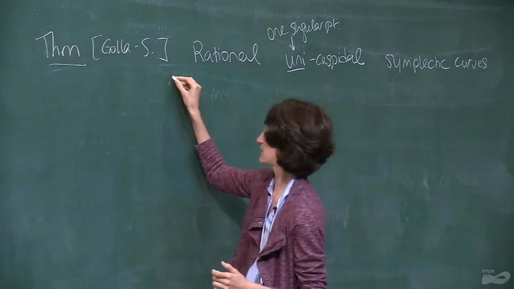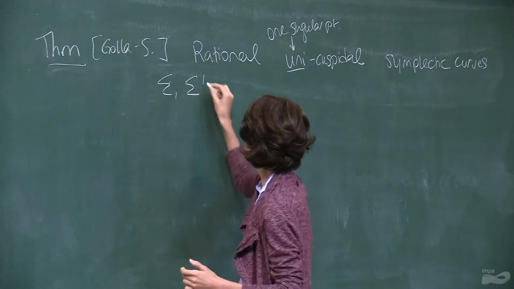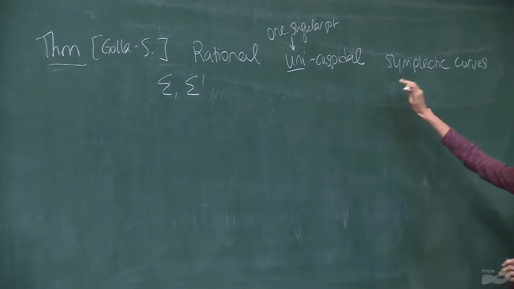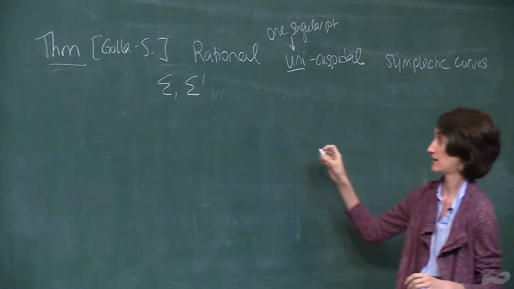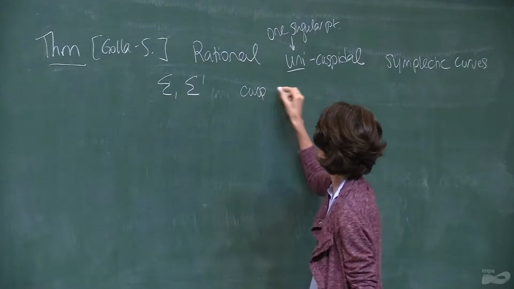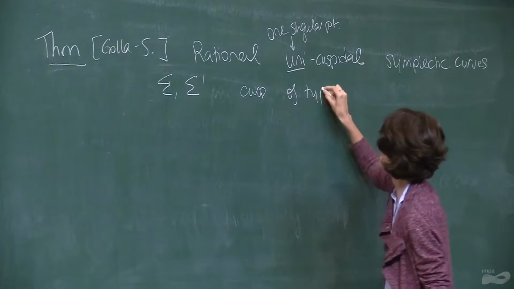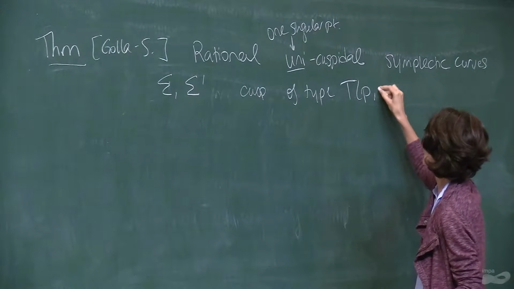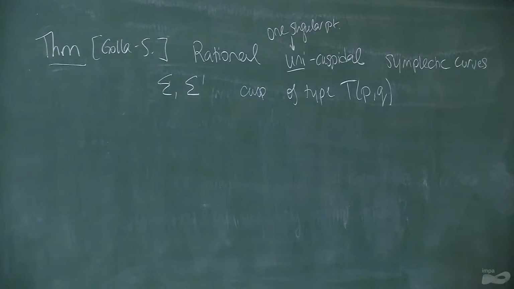Let's say we have sigma and sigma prime, both rational with a single cusp, and the cusp is the same type, a cone on a particular torus knot.